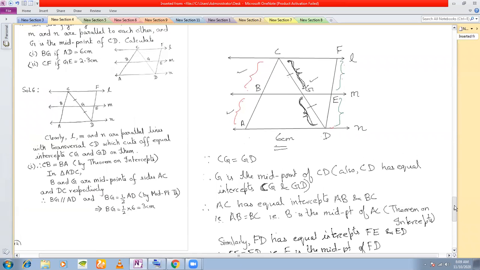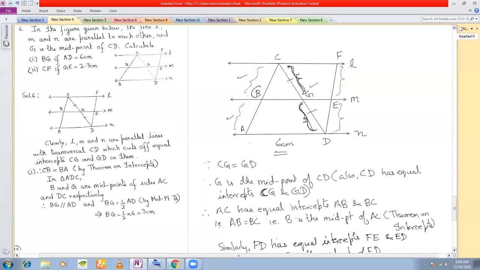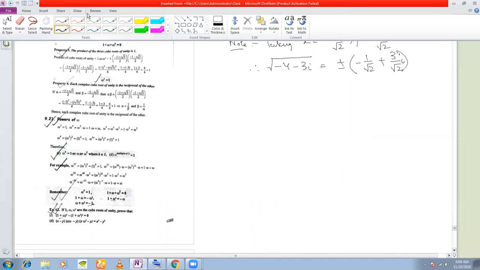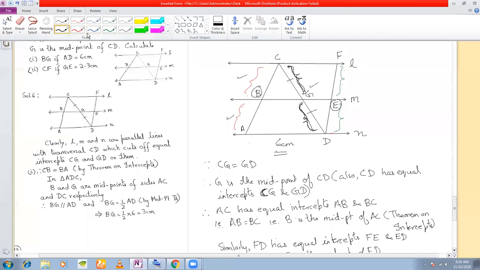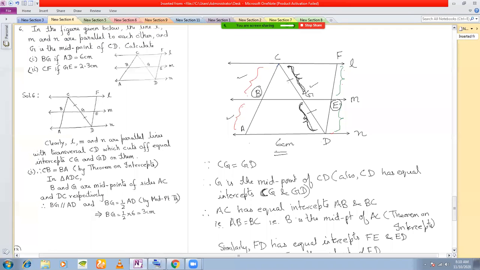Okay. So what have we shown? We have shown that B is the midpoint and we have shown that E is the midpoint. Now consider this triangle, CAD, this blue triangle. We have already shown by the theorem of intercepts that B is the midpoint of AC, and it is given that G is the midpoint of CD.